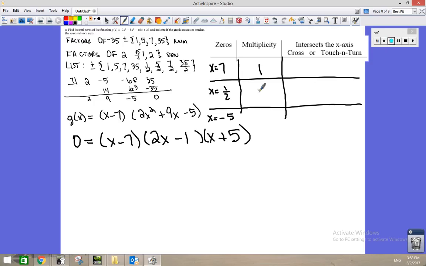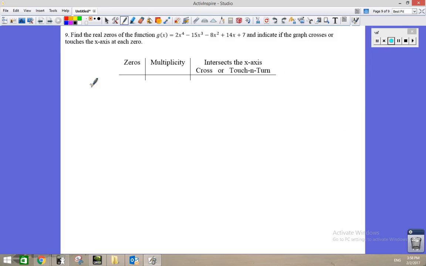So all of these have a multiplicity of 1 because the exponent here is 1. So all of these, because this is an odd multiplicity, is a cross. Alright. Hey, the last one.